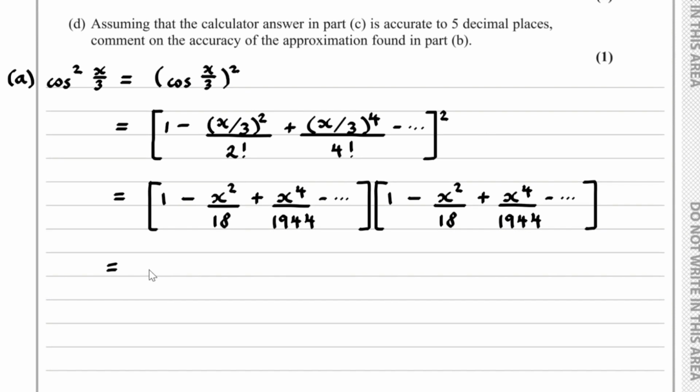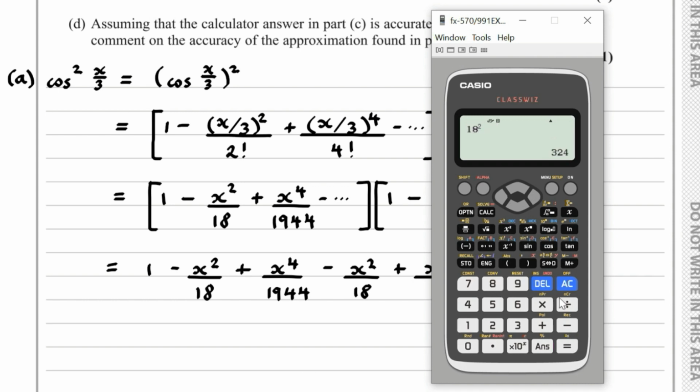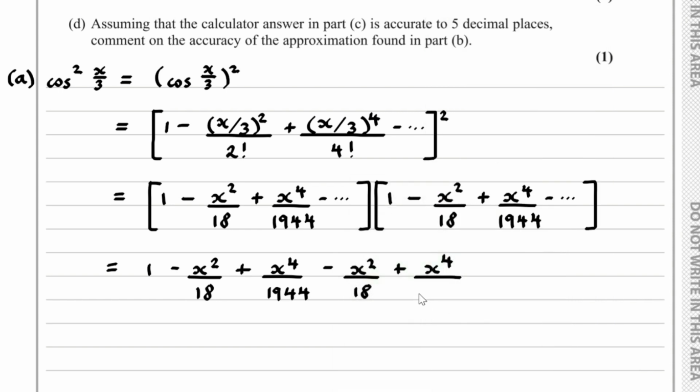We have 1 times 1, which is 1, and then we've got 1 times minus x squared over 18, which is minus x squared over 18, and then 1 times x to the 4 over 1944, so we add on x to the 4 over 1944, and then minus x squared over 18 times 1, so that's minus x squared over 18, and then minus x squared over 18 times minus x squared over 18, well, that will be positive, and then we have x to the 4 divided by, well, 18 squared is 324, so we add on x to the 4 over 324.